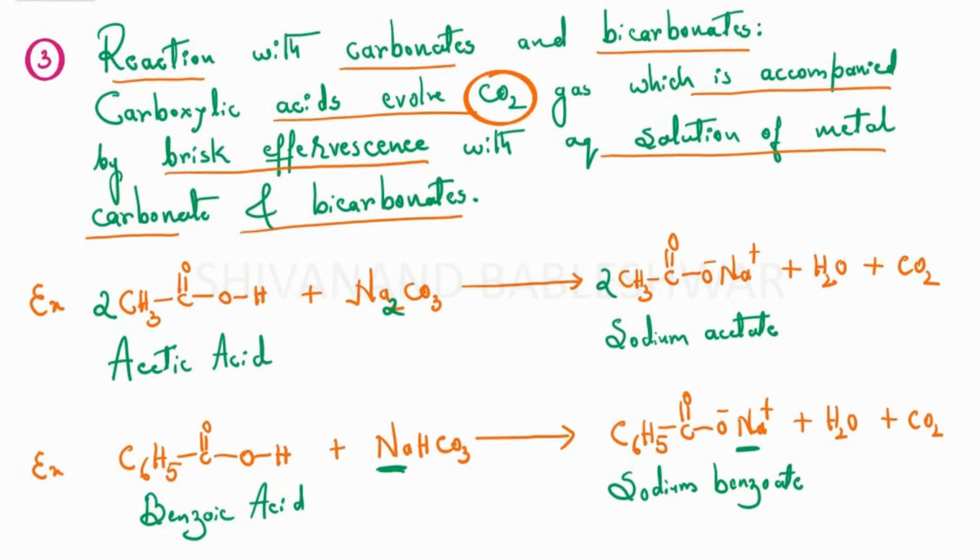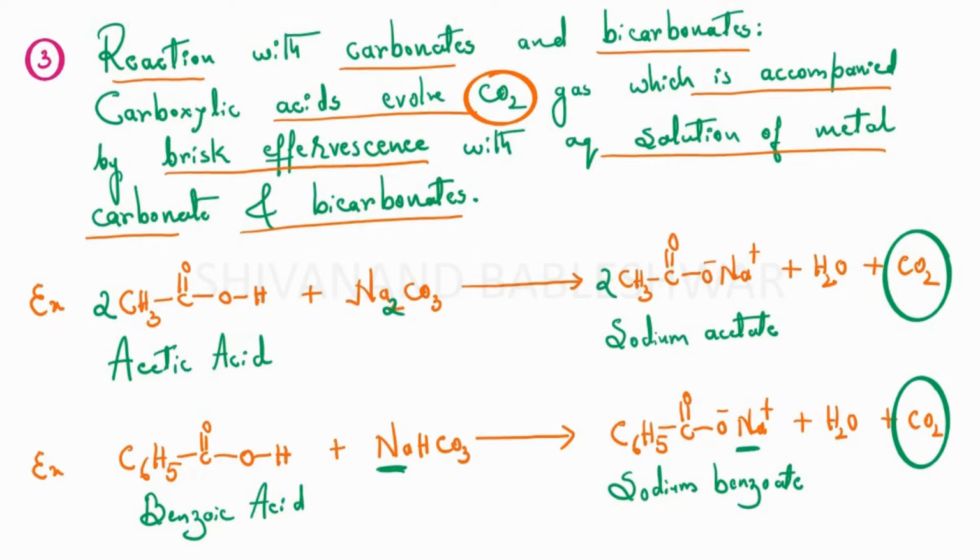Now students, we have to remember one important point, that now this reaction, that is a reaction with the carbonates and bicarbonates, where a carboxylic acid is going to evolve this carbon dioxide gas in the form of what, a brisk effervescence, right? So this reaction is used to detect the presence of a carboxylic group under investigation.